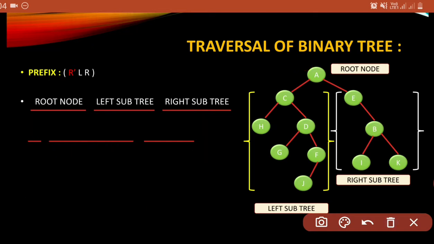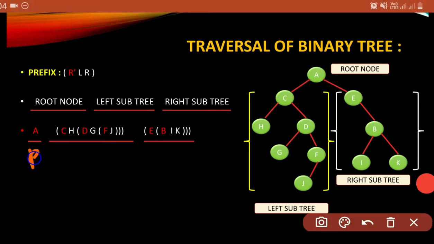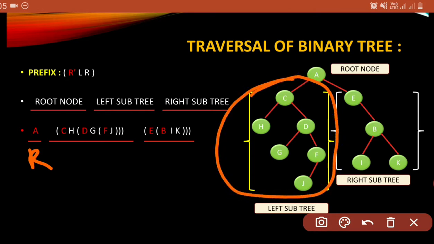How are we going to write? See. Now, A is root, this is the left subtree, this is the right subtree. Now what to do? Each and every tree has its root, left subtree and right subtree. Now if we are focusing on this tree, it is a left subtree.